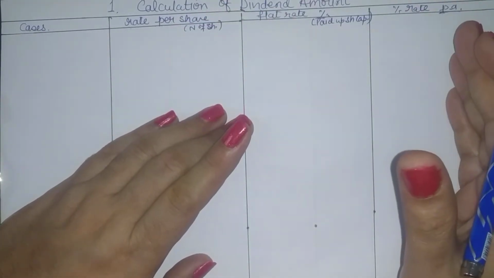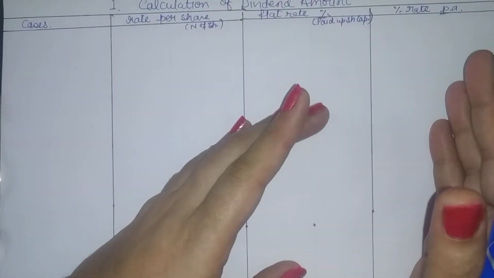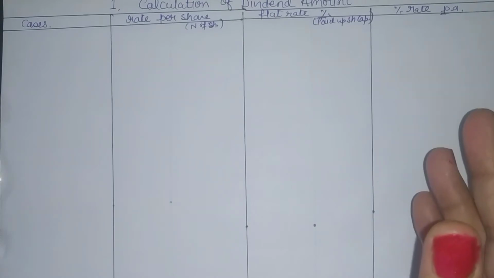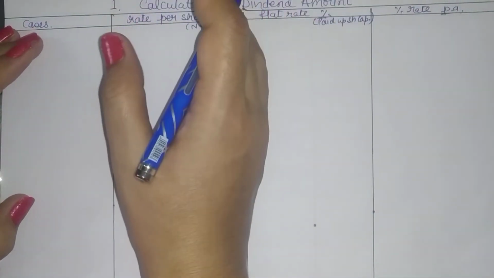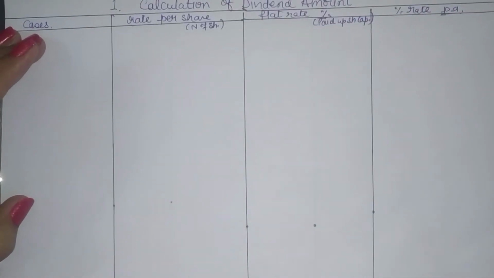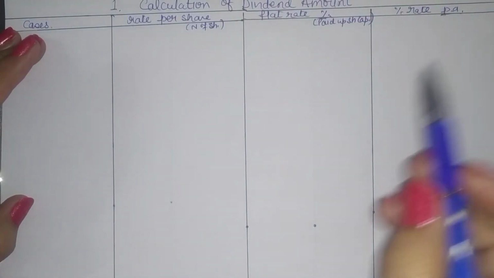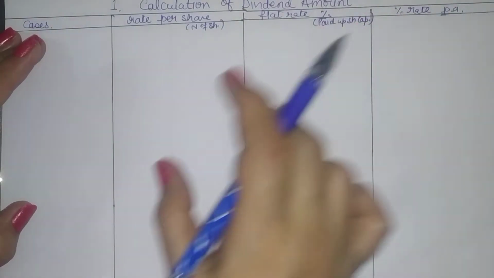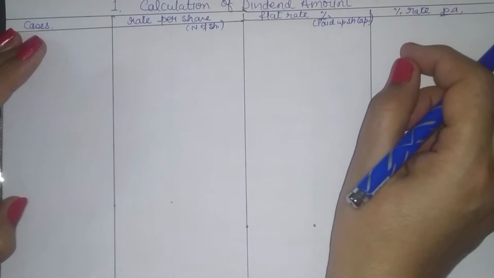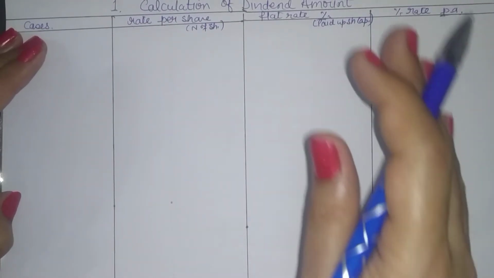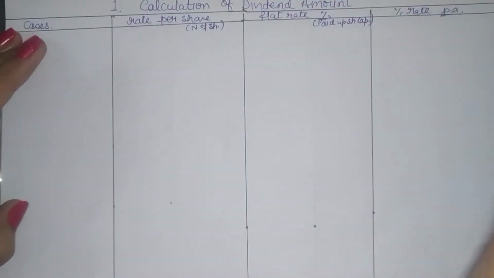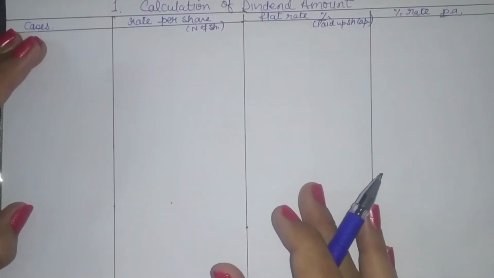But in this case, we will be considering the months. That means the older capital which was there right from the beginning of the year, on that you will be applying the rate per annum. But the capital which is issued during the year, say on 1st November, you will be applying the rate from 1st November till the time the dividend is being issued, right?